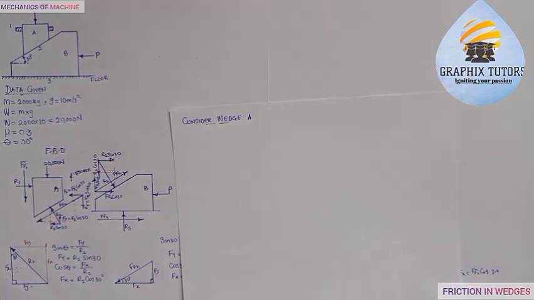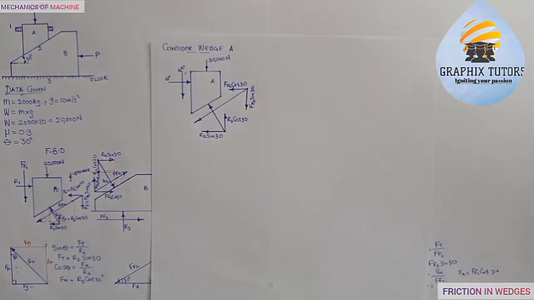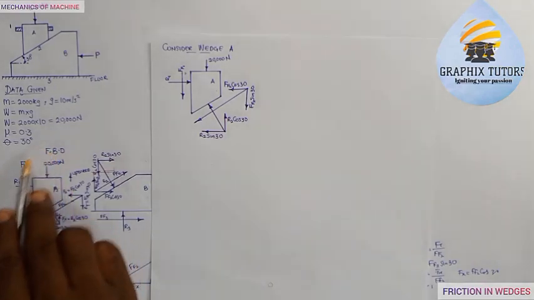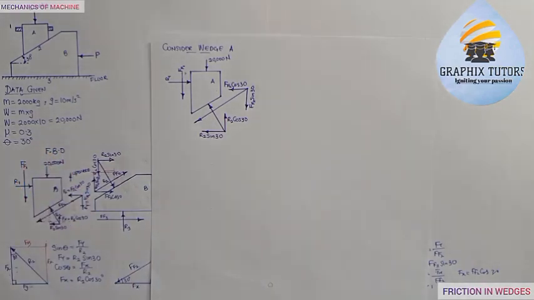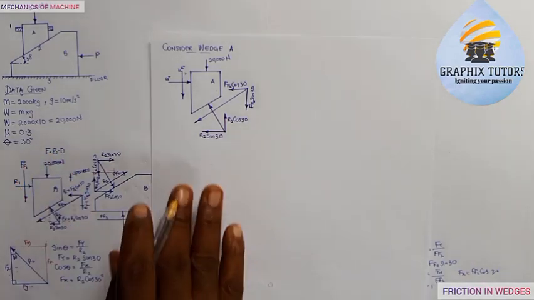Is that taken now? If I want to just draw it out, I'll have something like this. Now this is what we have here. So I've brought this out. I want to consider just wedge A, right? So what I'm simply going to do here is this.